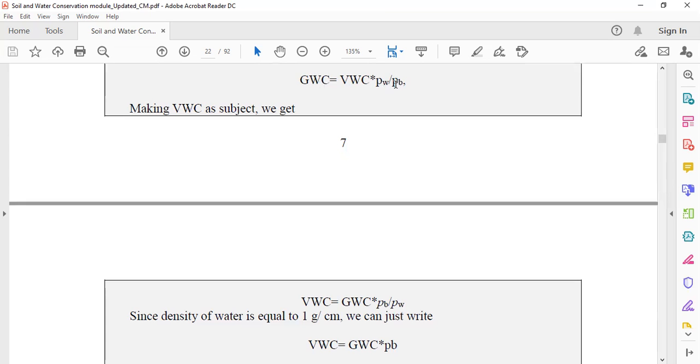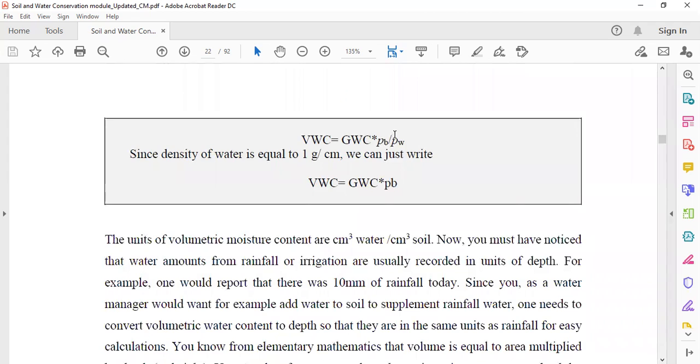Since the density of water is 1, we can just ignore it, and the formula now becomes: volumetric moisture content is gravimetric moisture content times bulk density. This is just to show how that relationship came about.